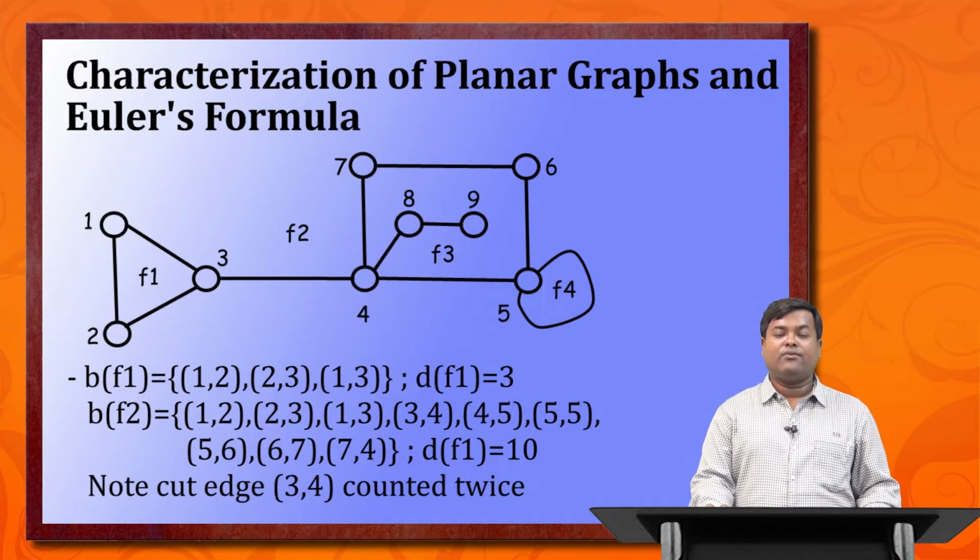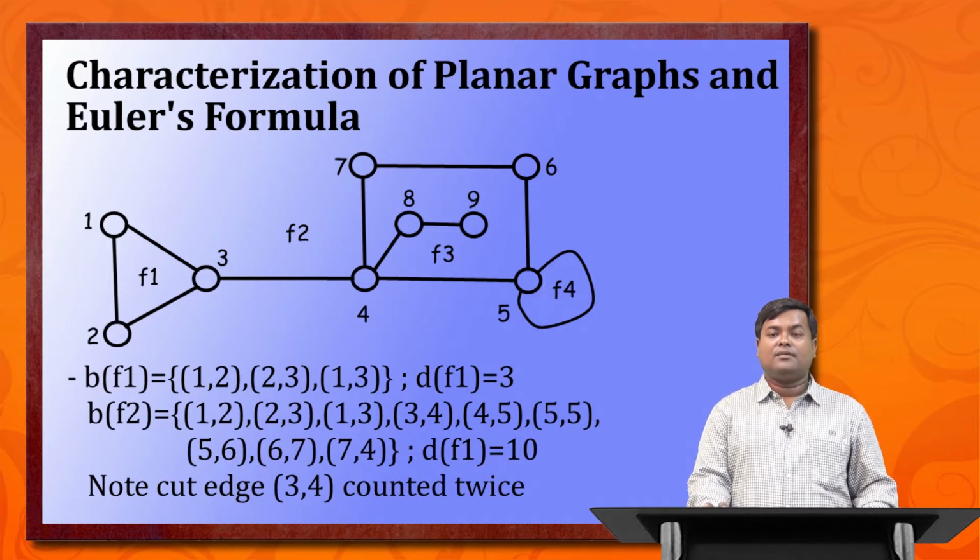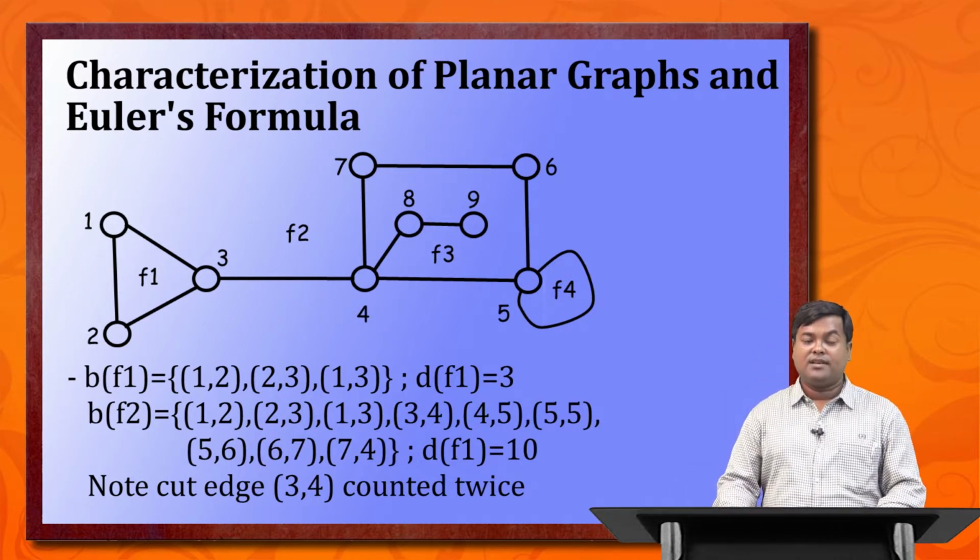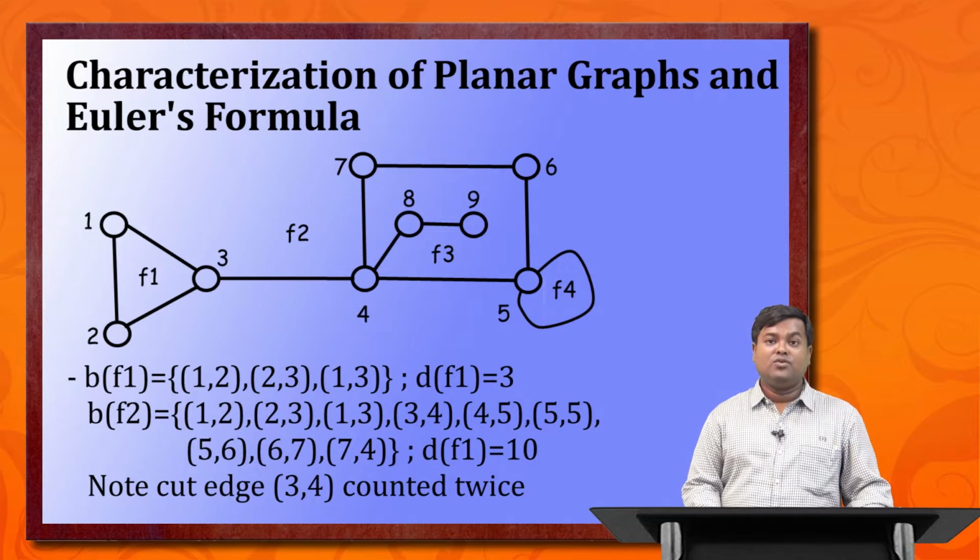So the boundary of F1 contains 3 edges, and the degree of F1 is the number of edges counting cut edges twice. Since F1 has no cut edge, the degree of F1 is also 3.